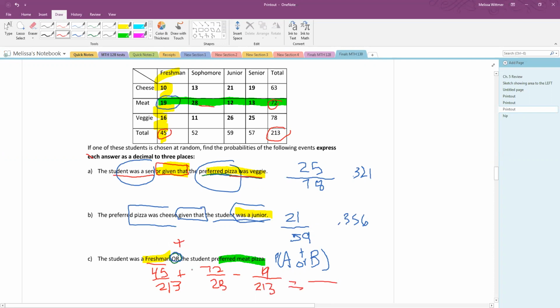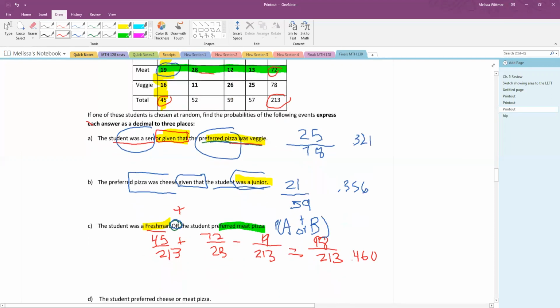So 45 plus 72 minus 19 gives you 98 out of 213. 98 divided by 213 is the decimal of 0.46, or 0.460 if you want to put the 0 in the third position. Okay, so every time we see "or," we're using the probability of A or B rule, adding together and subtracting the overlap.